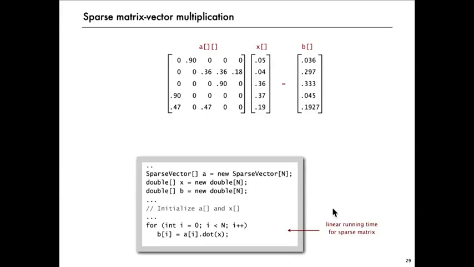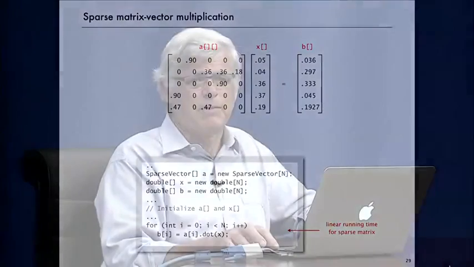And this clearly can make the difference between being able to address a huge problem or not. If we have a 10,000 by 10,000 matrix, we can get it done nearly instantly in linear time versus 10,000 squared. If we don't run out of space, we might run out of time. But with the symbol table implementation, we can efficiently process huge sparse matrices.